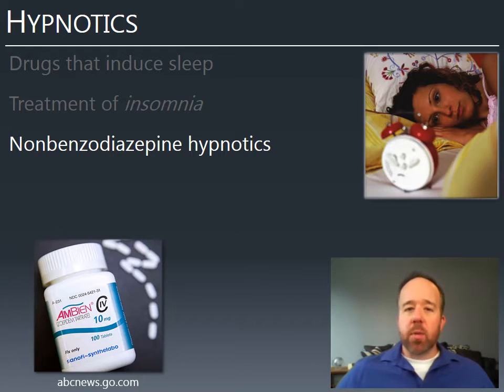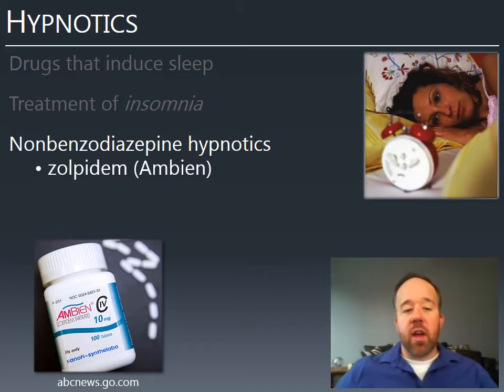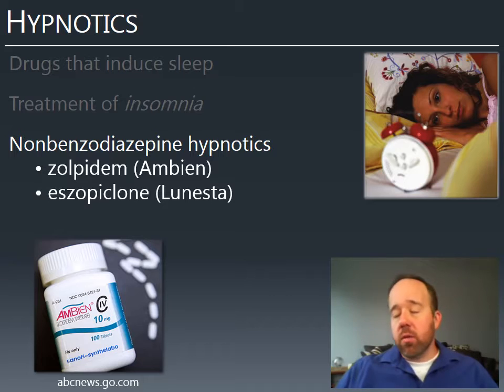So there are benzodiazepines, as we just talked about in the last slide, that induce sleep, things like Valium. But there are also non-benzodiazepine hypnotics. And these are things like Zolpidem, which is marketed as Ambien, and eszopiclone, which is marketed as Lunesta.